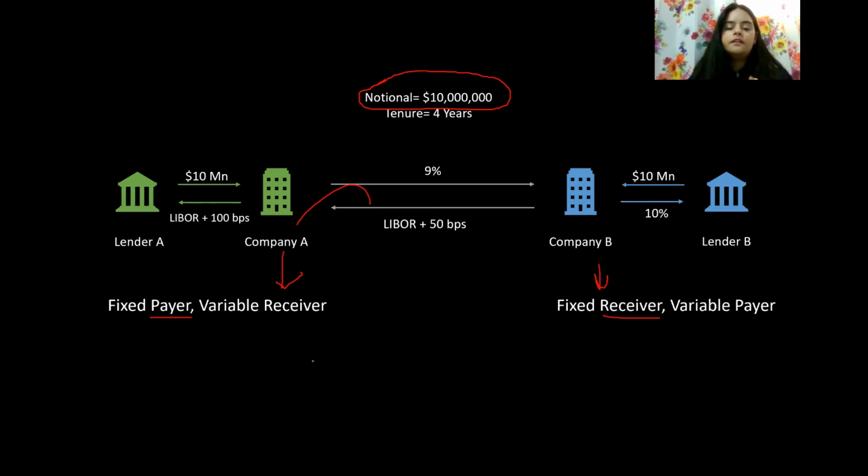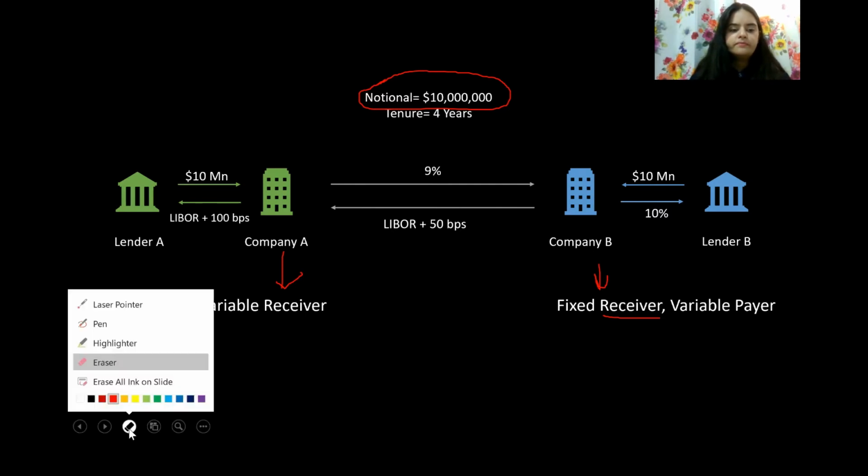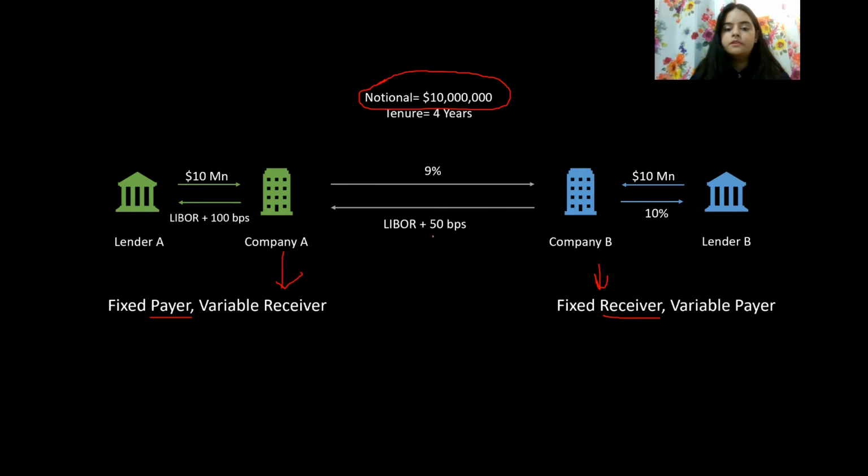The party either gives or receives. It is not the physical payment of the whole thing that is taking place. It is very simple that only the net amount will take place. So what happens here? Company A receives LIBOR plus 50 into 10 million minus 9% of 10 million.